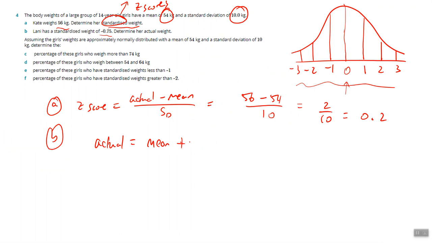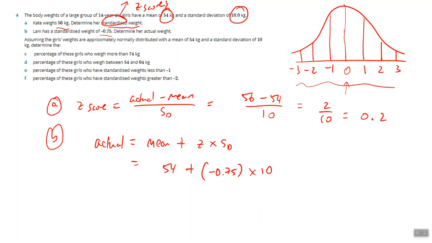So mean plus z times standard deviation. Okay, so the mean is 54. The z-score is -0.75. Now, you've got to be careful with negatives. I always like to put brackets around the negative value, just in case I make a mistake, and then times by the standard deviation of 10.